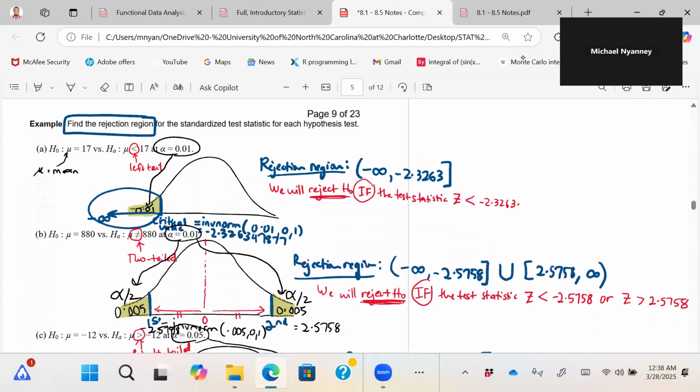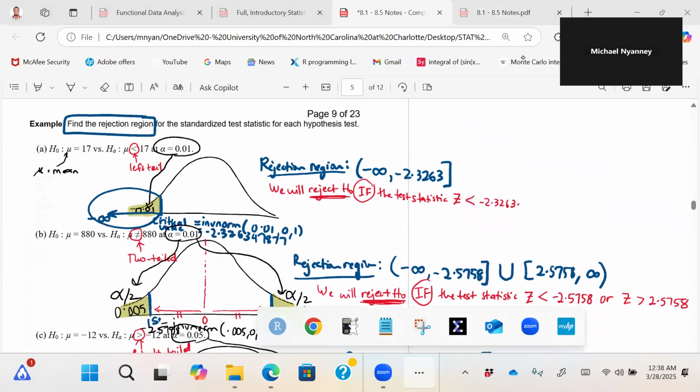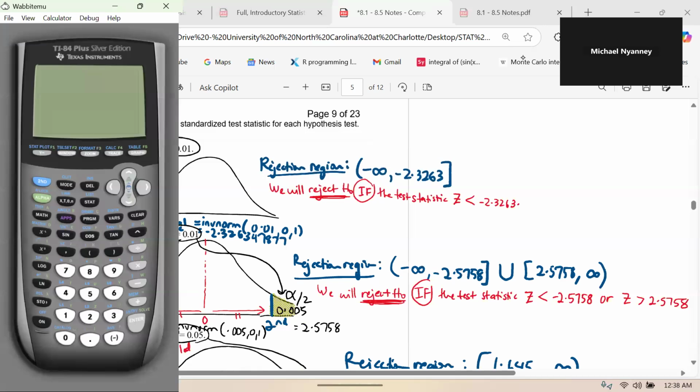So the calculator only gives you the left part. It doesn't give you the right part. But in case you want the right part, then you have to take the negative of the left part to get the right part. That is it. Okay. So you hit on your calculator. Since you are only on one direction, we don't divide the alpha by 2.